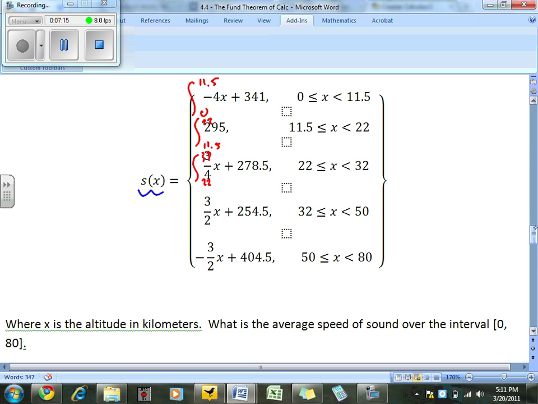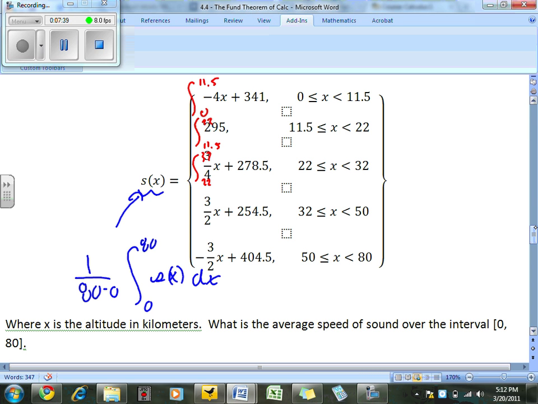So all we need to do is take the integral of all these, evaluate all of them, and add them all up. What the average value theorem then says is we take 1 all over 80 minus 0 times the integral of our function from 0 to 80 of s of x dx.